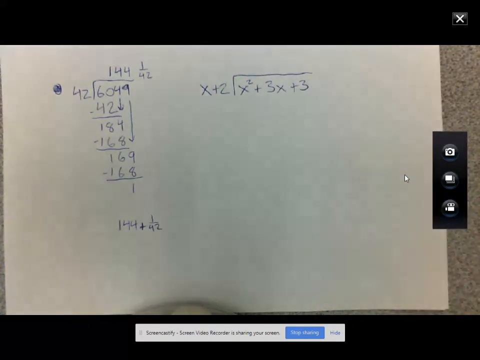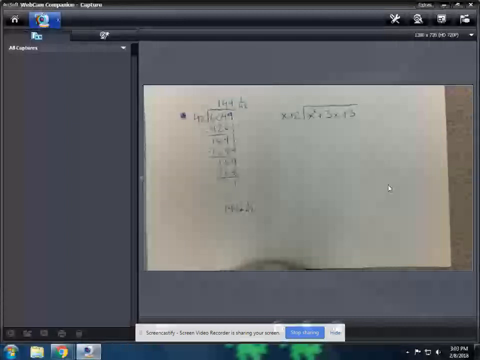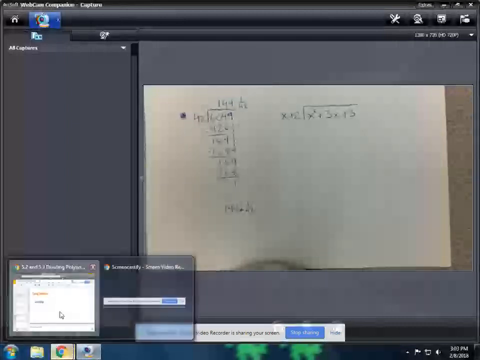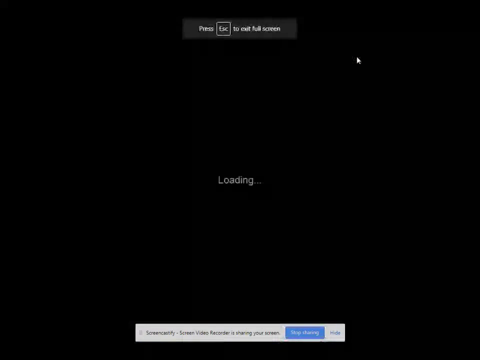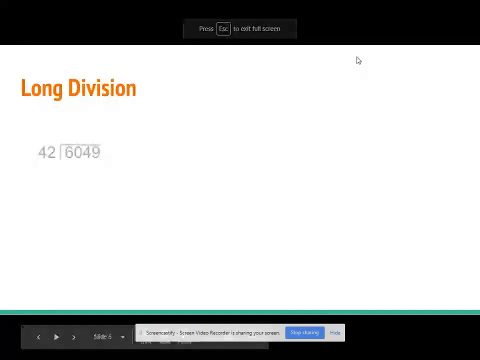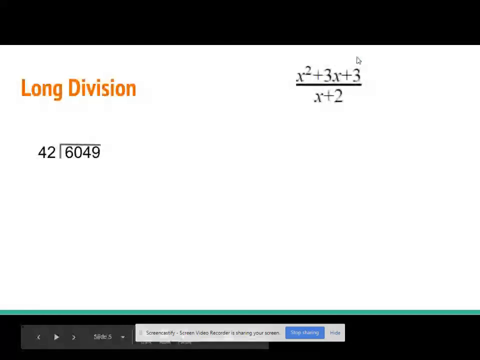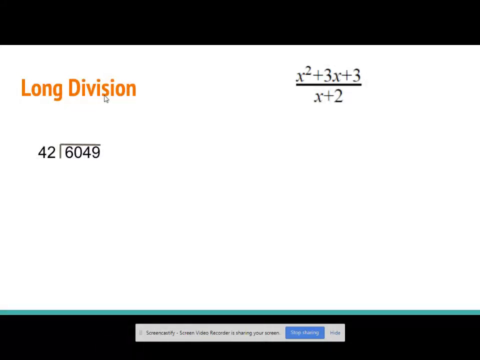Okay, so before I come to this problem here, I'm going to go back to my lesson quickly and mention one thing: if you see this as your problem and you're going to use long division, some of the problems will ask you to use long division specifically, so you do have to be able to do long division with polynomials. It's always going to be the numerator inside the garage, or inside the box, however you want to view this.